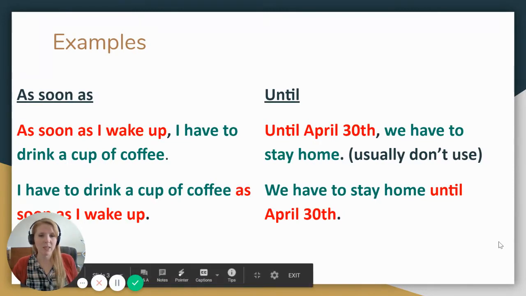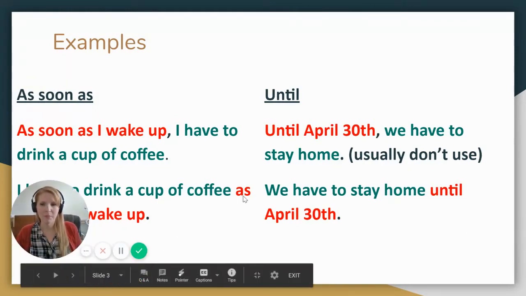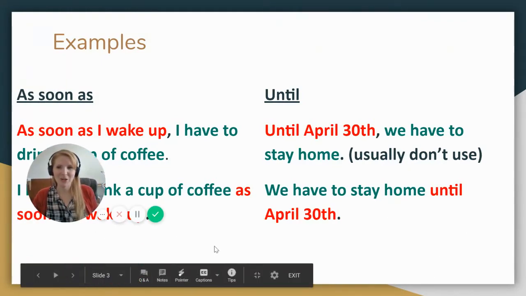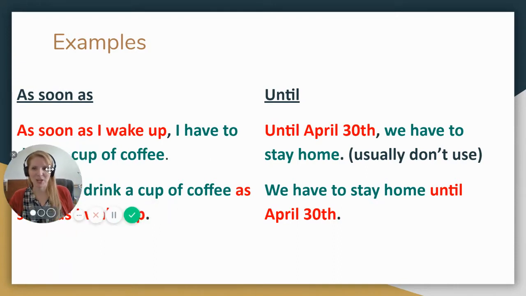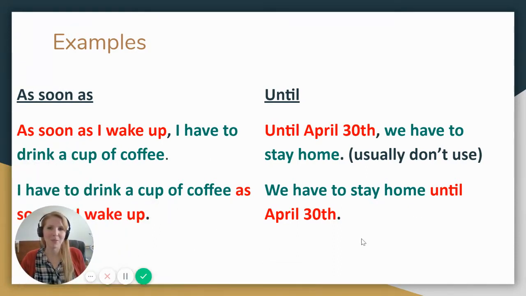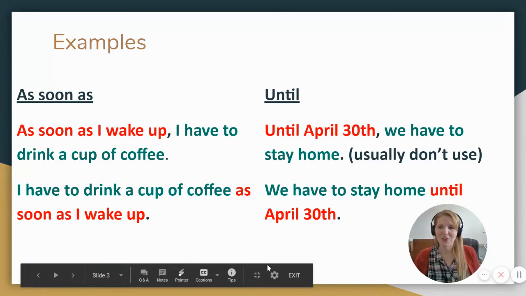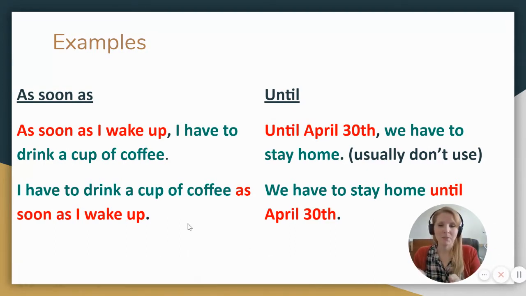So let's look at some examples of that with both. Hold on, trying to move my picture. Okay, let's look at some examples of that with both as soon as and until. So there we go. Okay, as soon as.